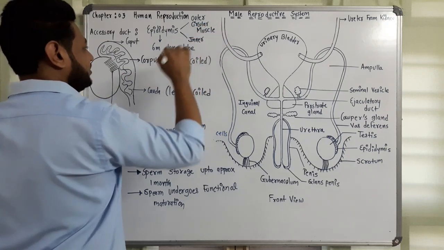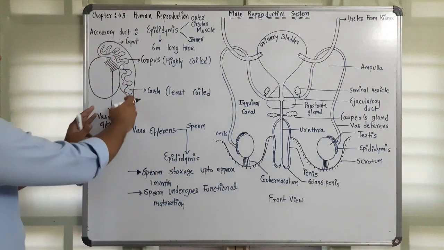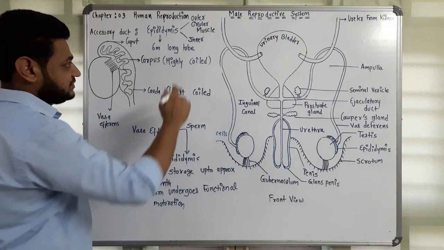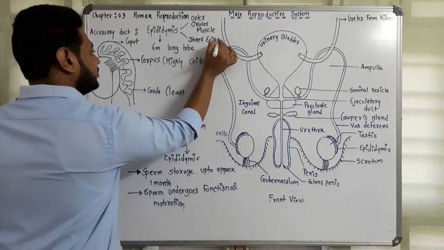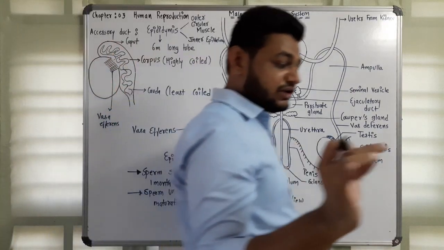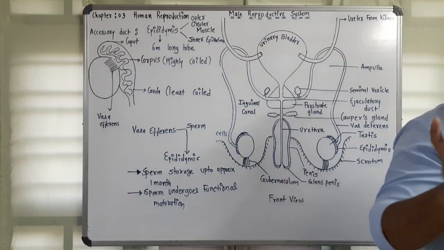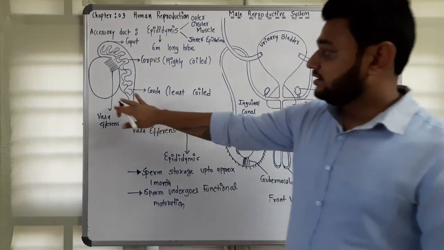The histology is the same in the vasa deferens, which extends from the cauda epididymis. Remember this. About the epididymis, the most important point is that the sperm undergo functional maturation at this part. So you have to remember it.